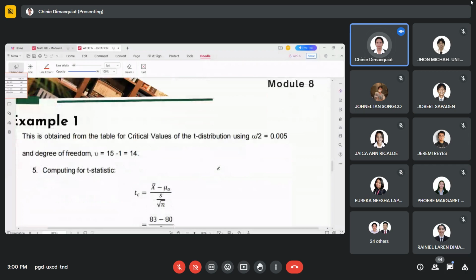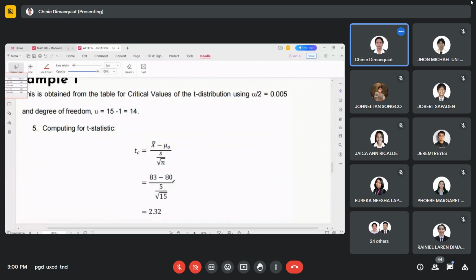So, solving this, it is direct substitution.